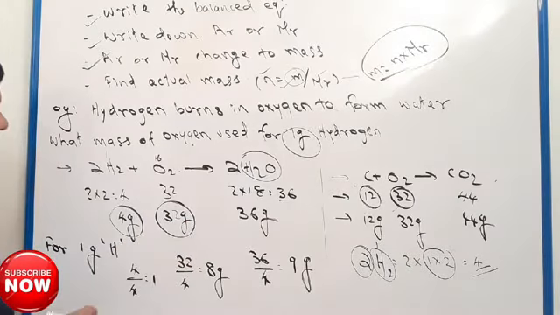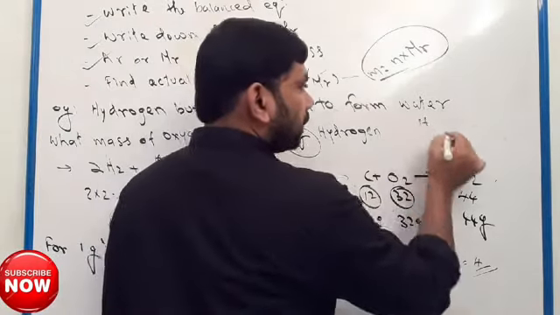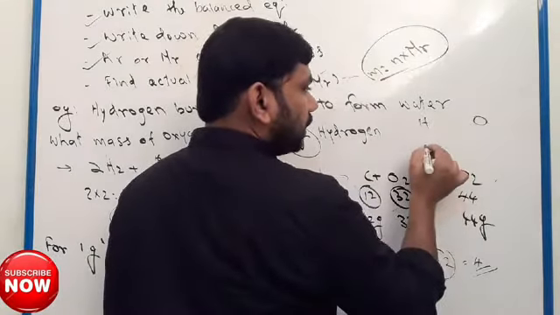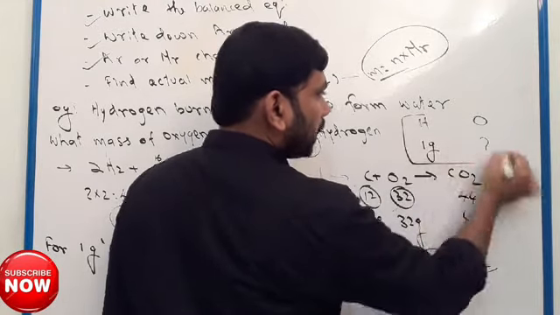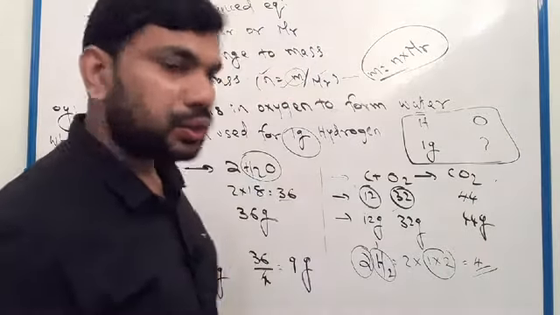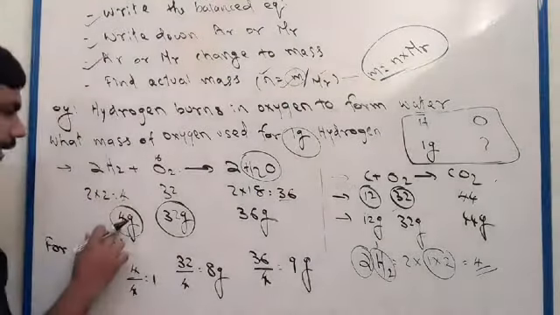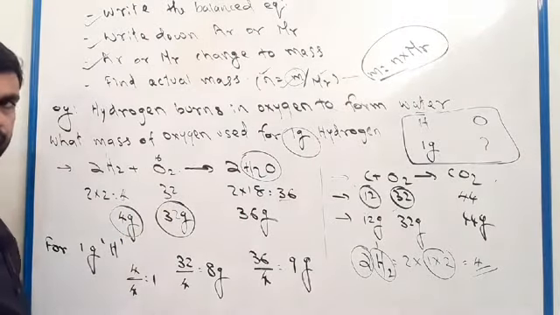The question asks about the mass of hydrogen and oxygen. Here 1 gram hydrogen reacts with what mass of oxygen? This is what you have to find. You have the information: 4 gram hydrogen reacts with 32 gram oxygen.